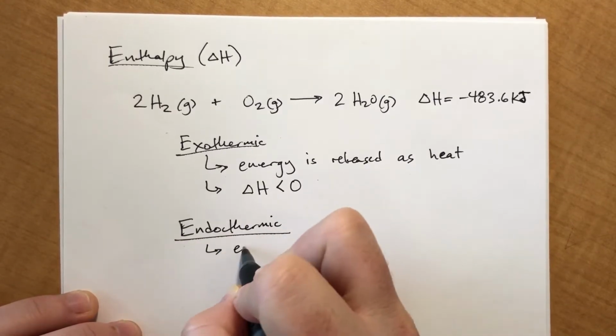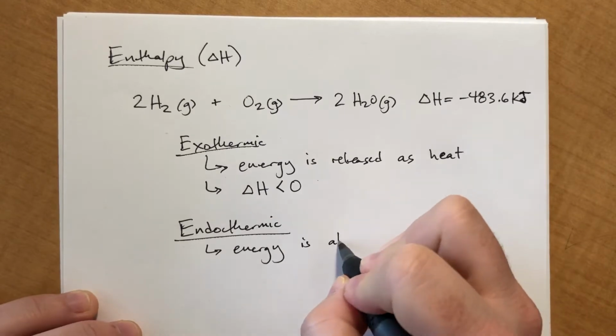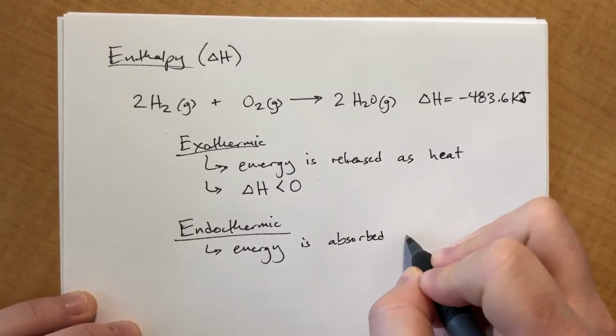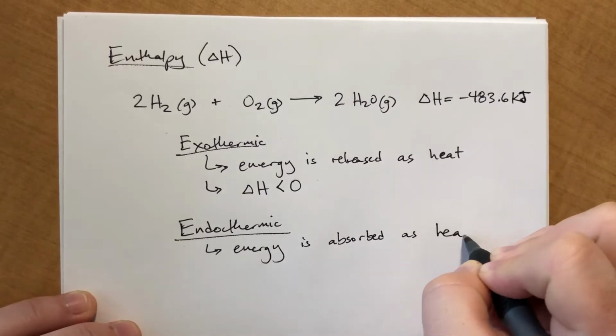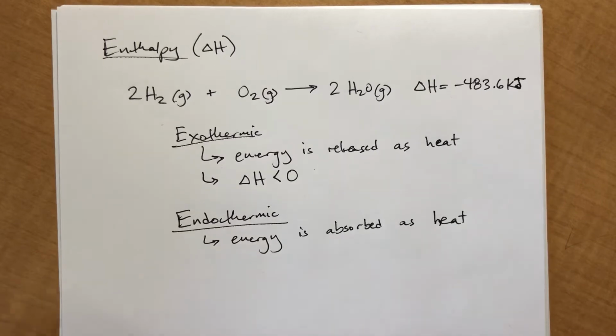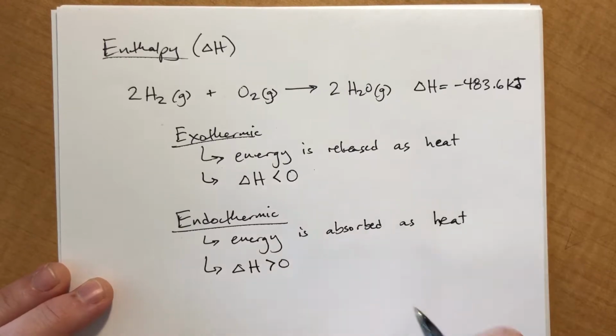So this is when energy is absorbed by a reaction. What this typically means is that you have to heat it up. You have to put heat into the reaction to make it occur. So this would be a positive delta H.